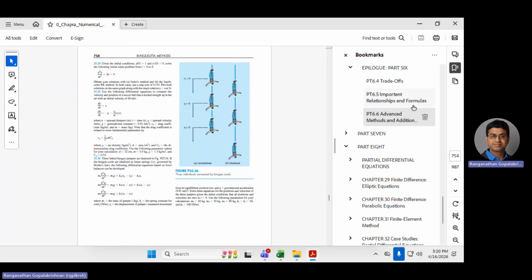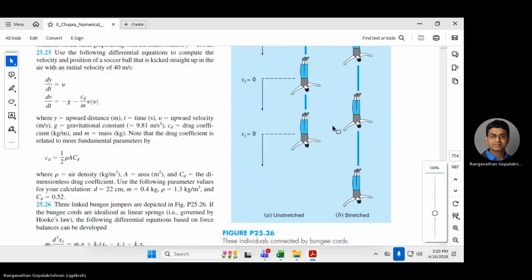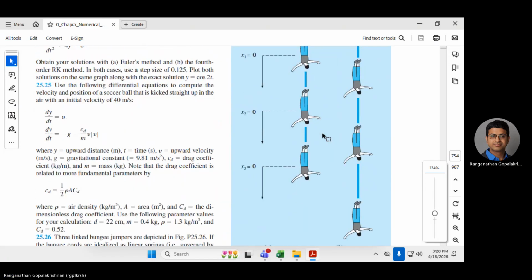Problem 25.25. It's also a fluid mechanics problem. So those who are in the fluids class, this could also show up in your file.